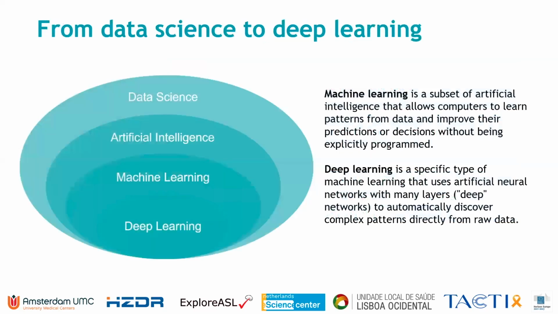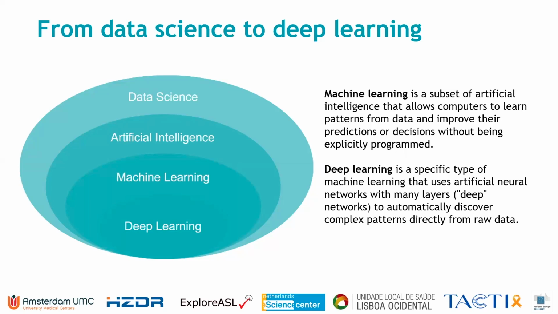So first, a very quick step back into the world of data science, artificial intelligence, and machine learning, because I think these concepts are often used intermixed. To put it in perspective, within artificial intelligence, machine learning is one of the methods that we can implement to allow our computers to learn patterns from the data without being explicitly programmed.